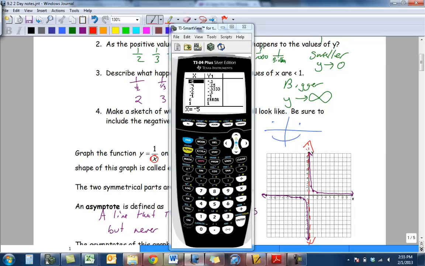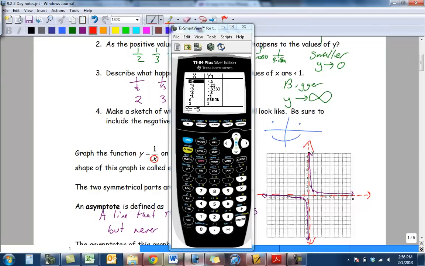And then there's also an asymptote right here, because when x gets bigger and bigger, the fraction gets smaller and smaller, but it will never get to 0 or cross it into negative. It will just get to a smaller and smaller fraction. So there are actually 2 asymptotes here, and this is what the graph looks like.